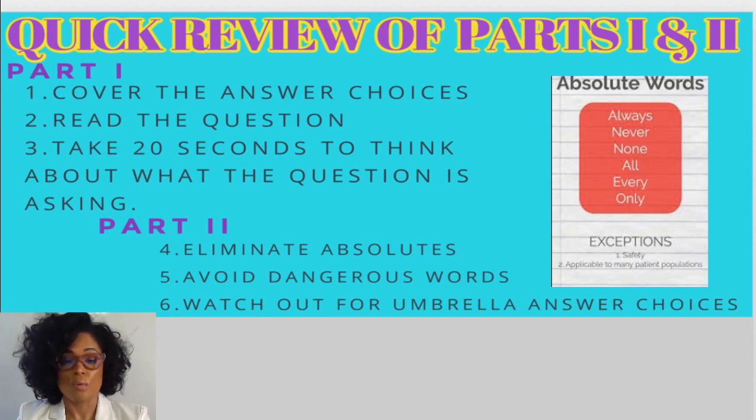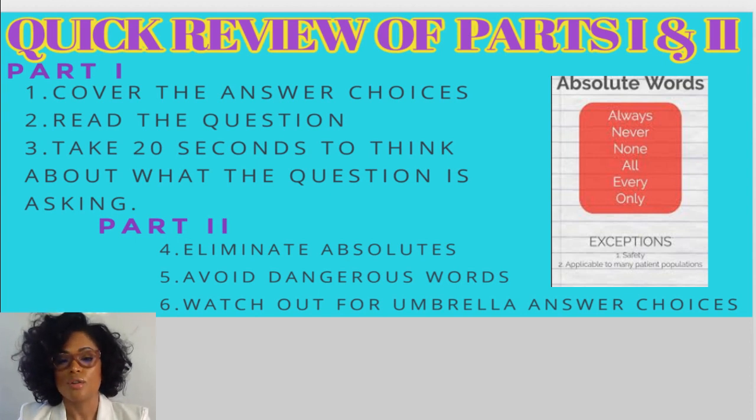They might ask you a question like this work for this population, and one of the choices can be it works for all populations, it works for some populations, it works for a few populations. So which one makes something 100% absolute is a dangerous word. So it's the word all or always. So make sure that you are looking for those dangerous words when you are trying to eliminate an answer choice.